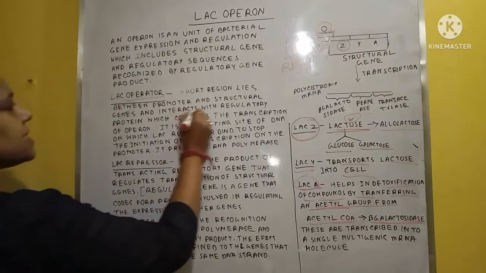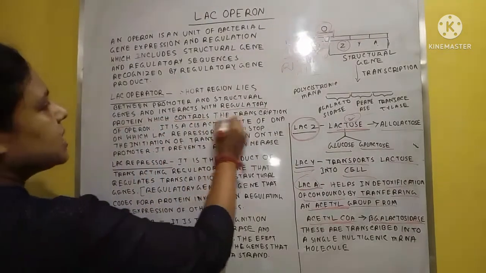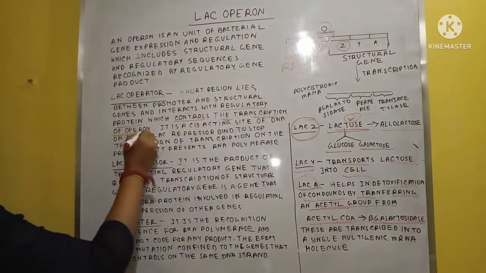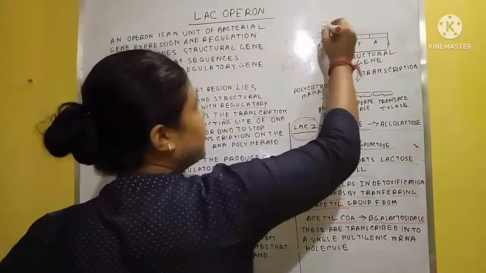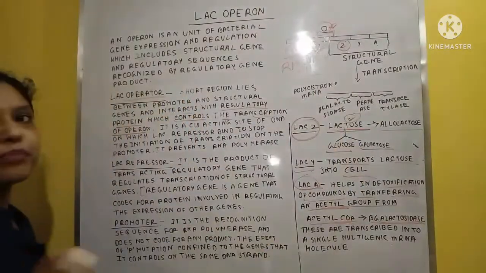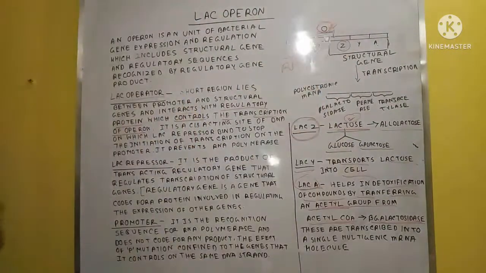and interacts with the regulatory protein, which controls the transcription of the operon. Clear? It is the one binding site where only the regulator protein or the repressor protein can bind. Clear?